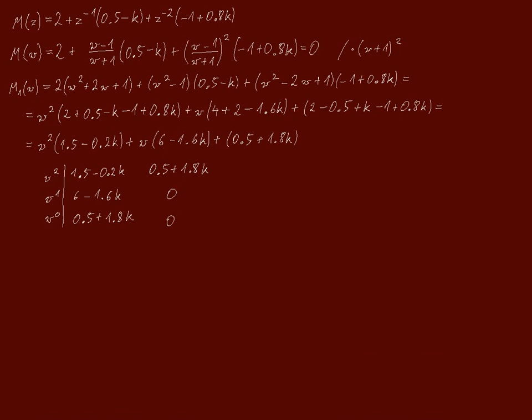And now that we have completed the root table, what conditions must be met for the system to be stable? There cannot be a sign change in the first column. That is, all three table elements must be greater than 0.